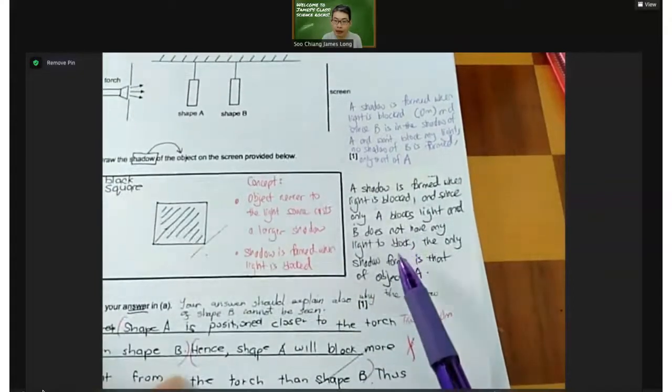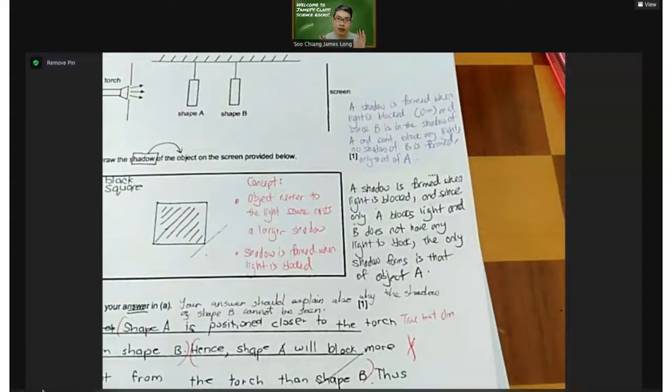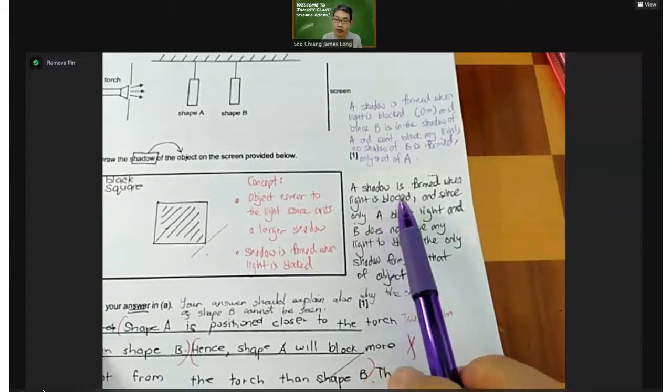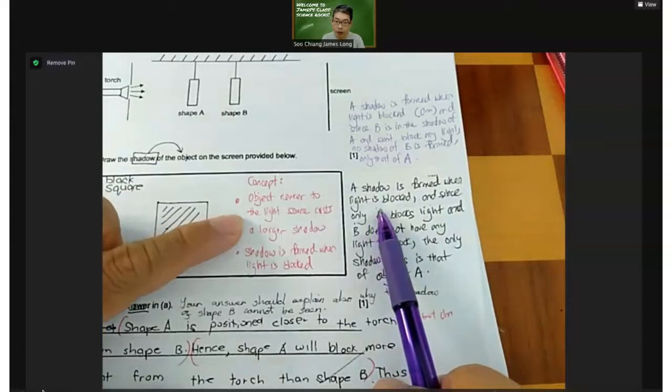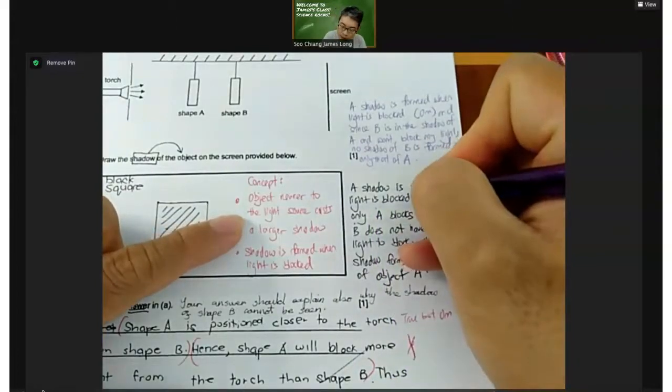Alright. Now, I can answer in a different way. I'm trying to give you two answers to see which is the one you understand better. The shadow is formed when light is blocked, again the motherhood statement. So, no marks for this. 0 mark for this.